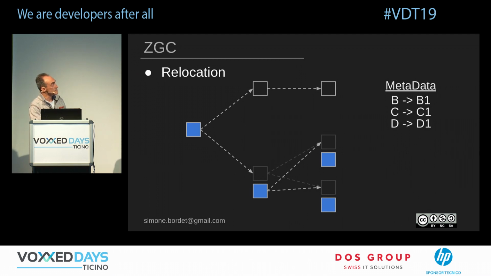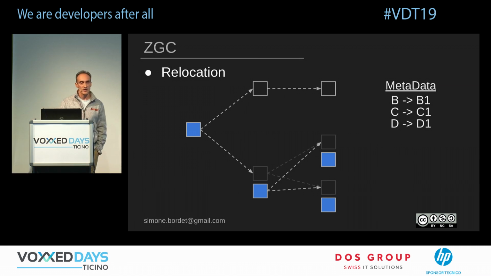It says, okay, the root doesn't need to be relocated. Let's leave it there. But then it follows the pointer and says, okay, this object needs to be relocated. So it creates a copy, and as you can see, the pointer is not changed, but the copy points to the previous places where the children were. And then it navigates these pointers and says, okay, I'm going to copy this object and this other object, okay?